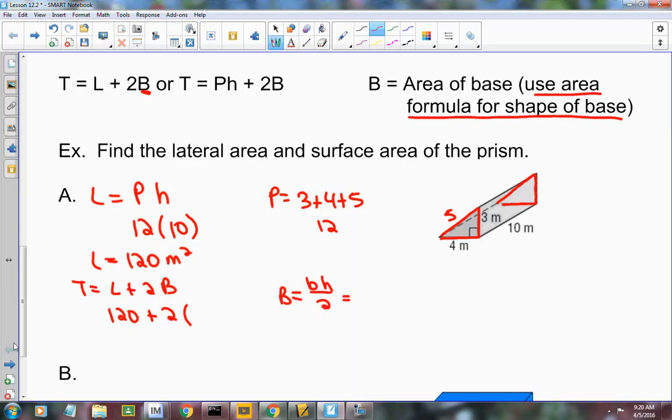What are my base and my height? 4 and 3. So that's 12 divided by 2, which is 6. So the area of my base is 6, but then I have to double it because there's 2 of them. So I get 120 plus 12, which is 132 meters squared for my surface area.